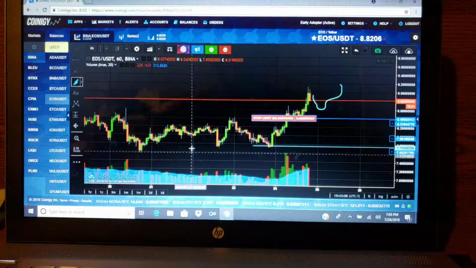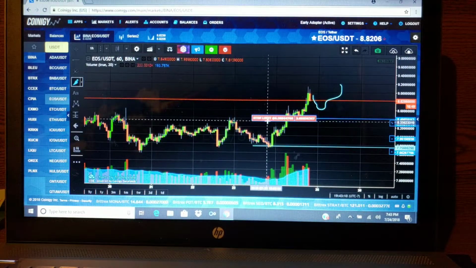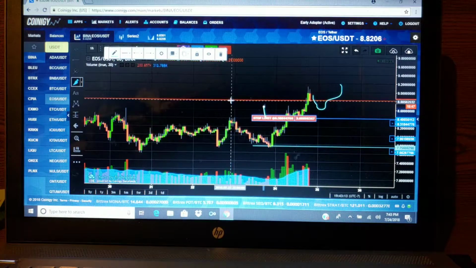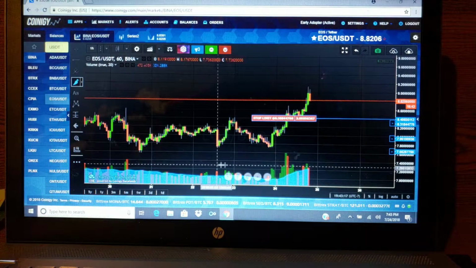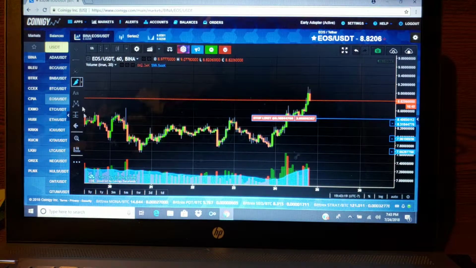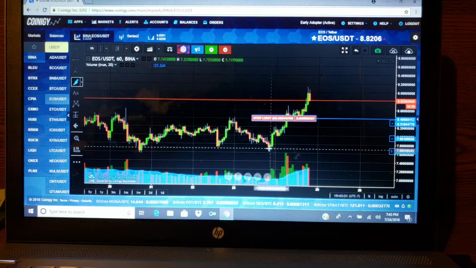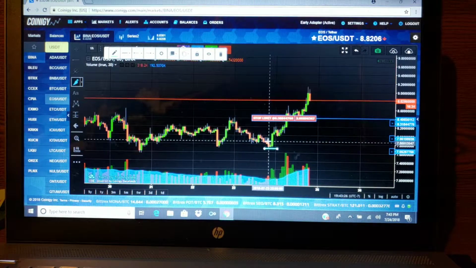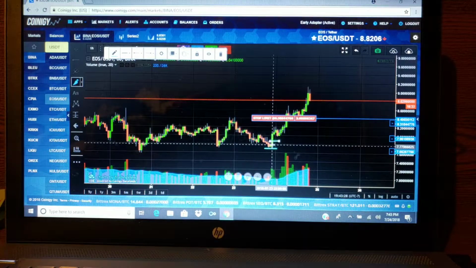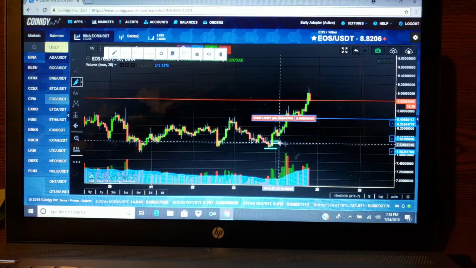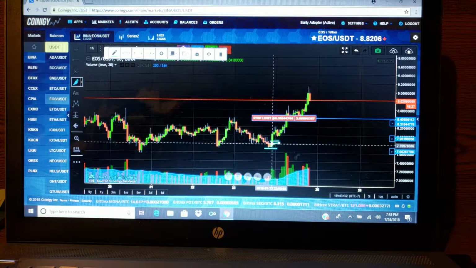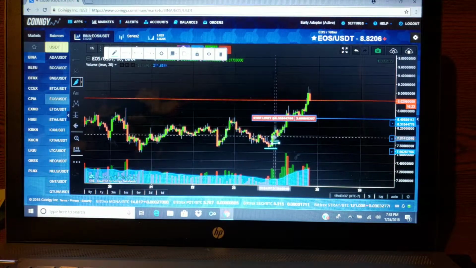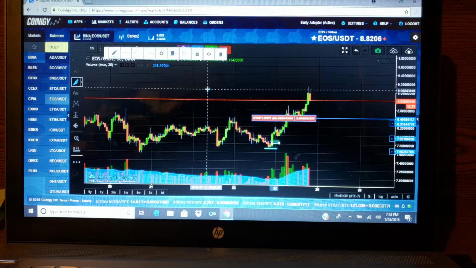Let's go full screen. Let me clear all that out. So the way a trailing stop loss works, say you buy here and you set to sell at a 5% gain with a 2% trailing stop loss. So once it came up and cracked through your 5%, now your sell is triggered.